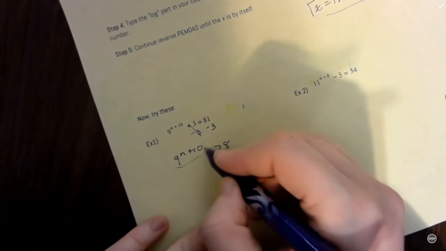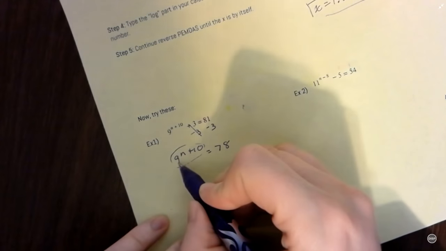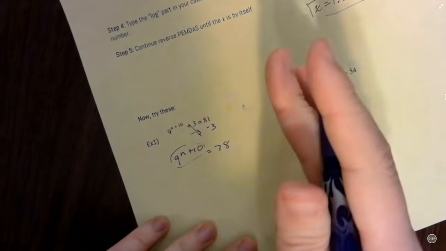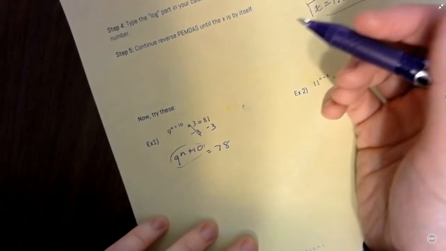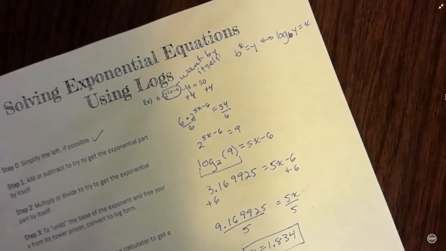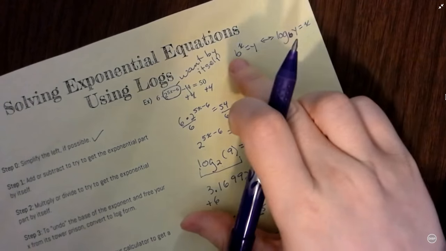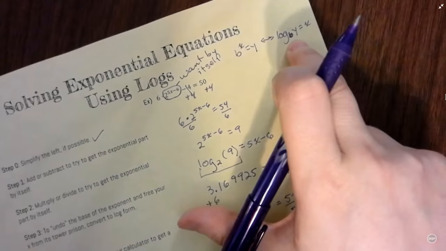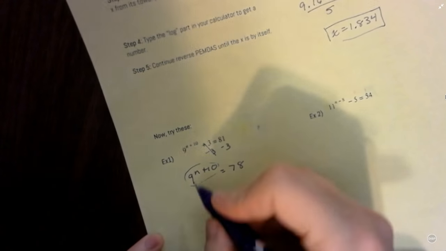And then this is what I wanted to get by itself, just the number to a power. So I've got that. So then I'm going to take my exponent to log conversion and go ahead and write it in logarithmic form. So the base is going to go to a subscript. So the base 9 is going to become a subscript.